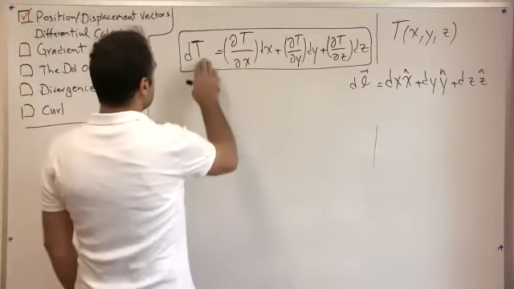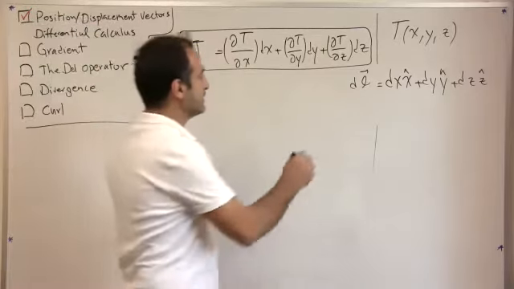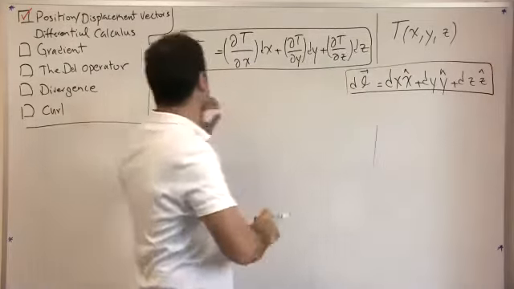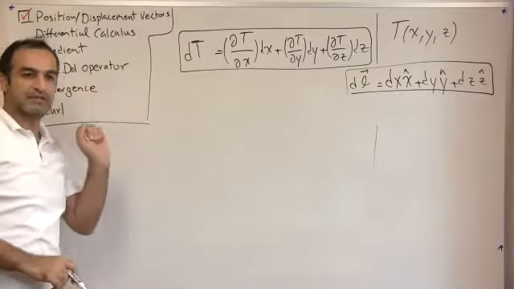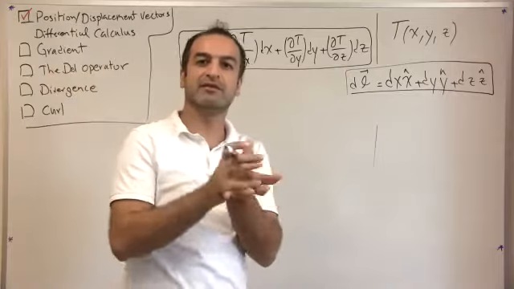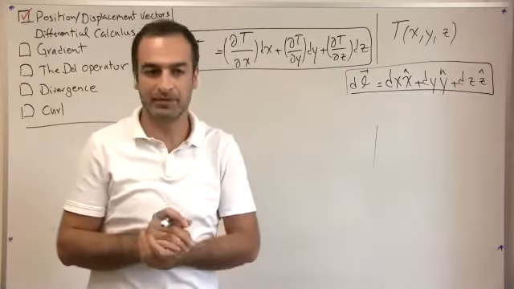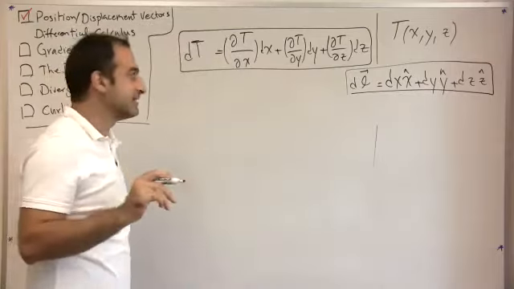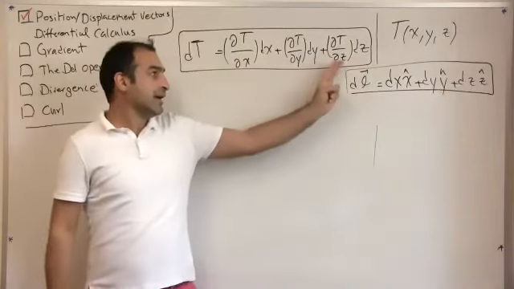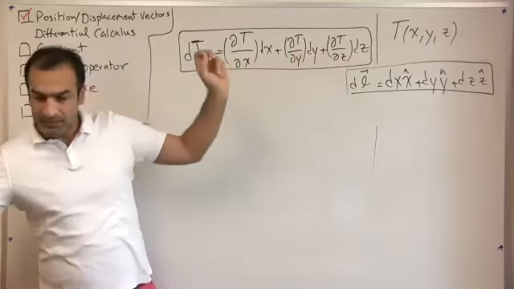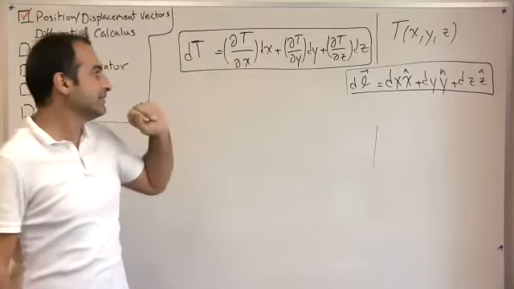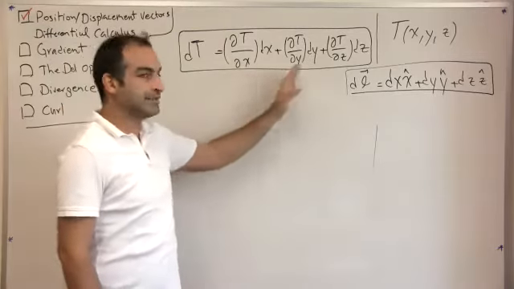Now if we look at this, and if we look at this vector, there is another way that I can write this dt, which can at first look more complicated, but then eventually you will see that's actually very helpful. What I want to do is write the same three terms that I have here in the form of a dot product.